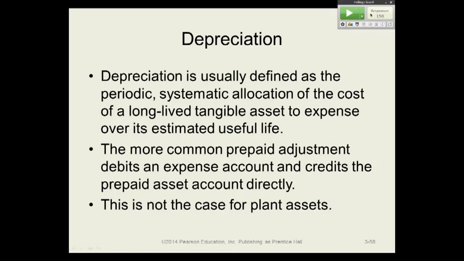When we make this adjustment, the adjusting entry is going to be a debit to what we call depreciation expense, and whatever that number may be, we'll get to that in a second. And we're going to credit an account called accumulated depreciation.